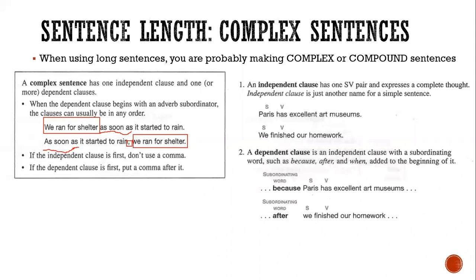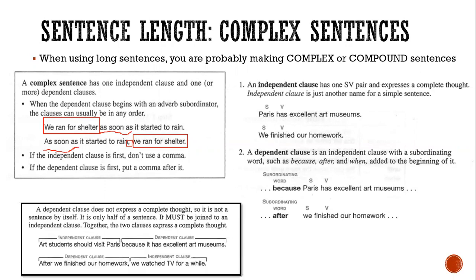An independent clause has one subject-verb pair and expresses a complete thought. In other words, an independent clause is just a simple sentence. A dependent clause, on the other hand, is an independent clause with a subordinating word. When it has the words because, after, or other subordinating words, it becomes a dependent clause.